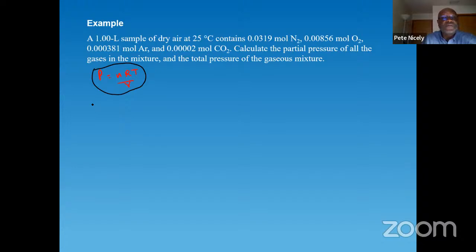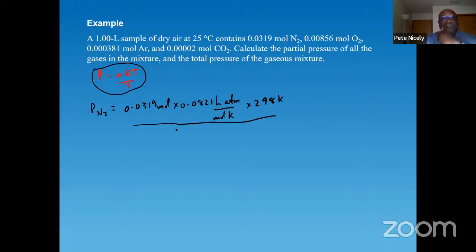So let's do that for nitrogen. The partial pressure of nitrogen will be equal to the number of moles of nitrogen, which is 0.0319 moles times R, which is 0.0821 liters atmospheres over mole Kelvin, times the temperature, which is 25 degrees, which is the same thing as 298 Kelvin, all divided by the volume, which is 1.00 liters.